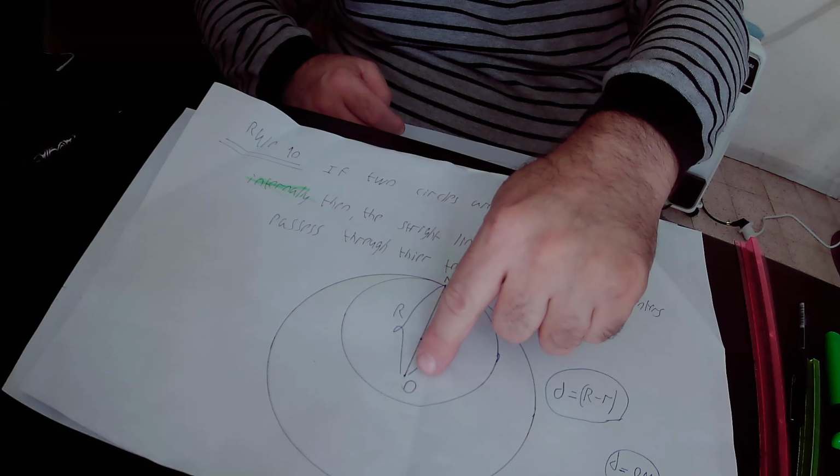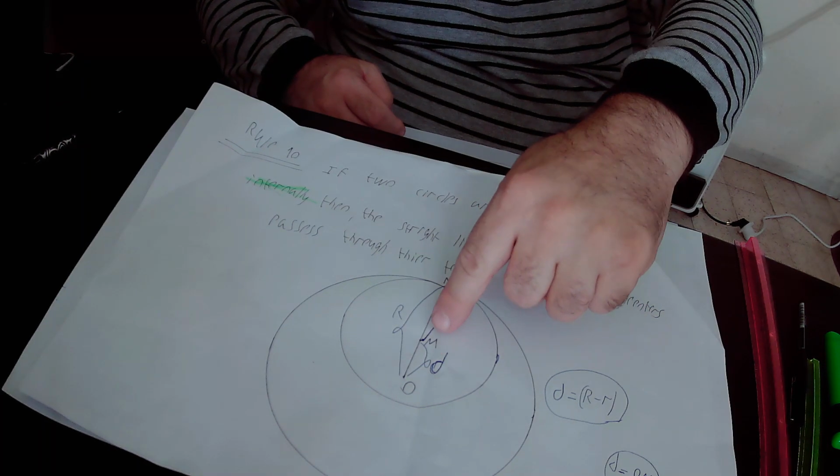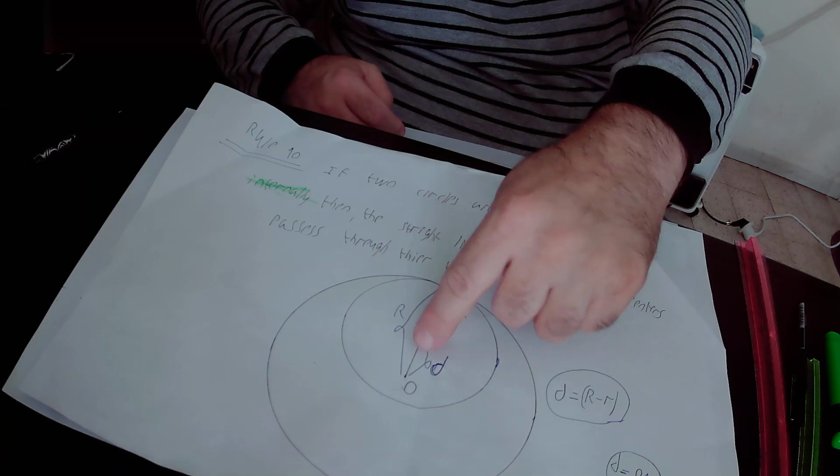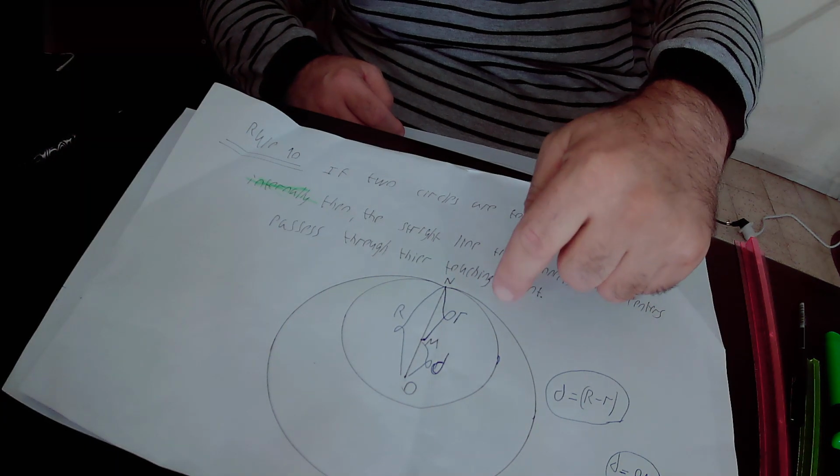Why? Because O is the center of the big circle and M is the center of the small circle. Therefore, OM is the straight line that connects their centers together.